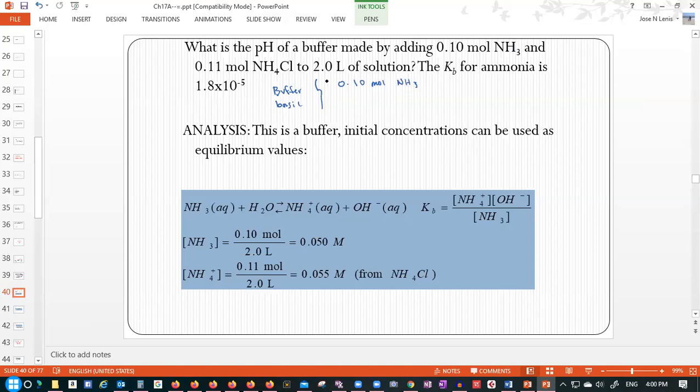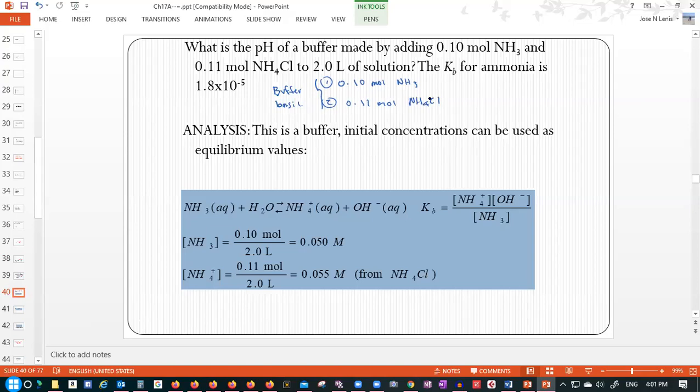And we know the second component must be the salt of this. We know already from the previous chapters that the salt of ammonia contains NH4 plus. That's why they added 0.11 moles of ammonium chloride.